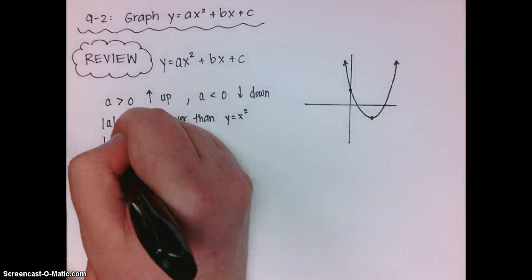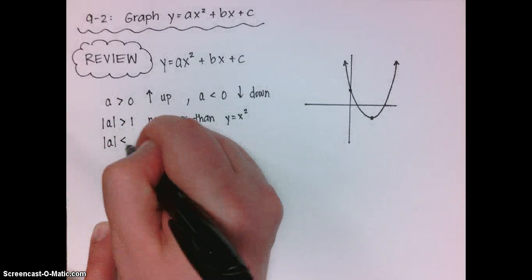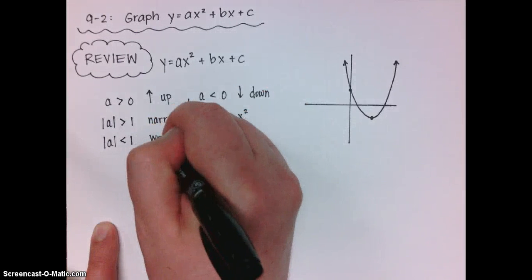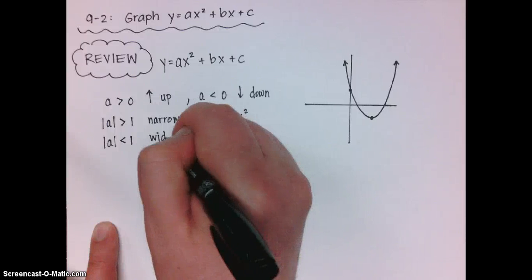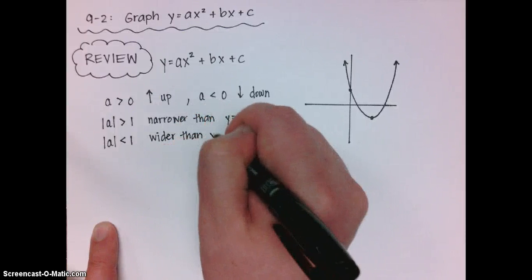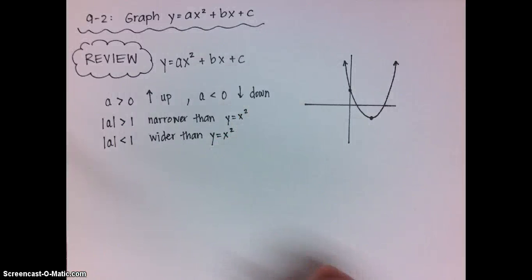And vice versa, when I took the absolute value of that coefficient a and found that it was less than 1, this told me that it was going to be wider. It was going to be much wider than y equal to x squared. So those were some things that we learned.